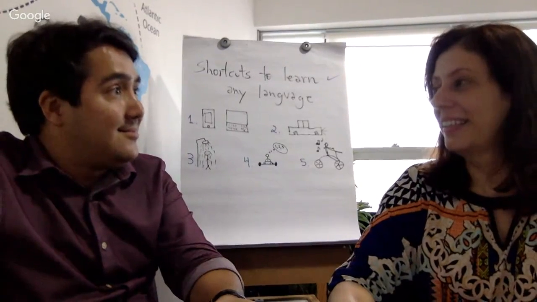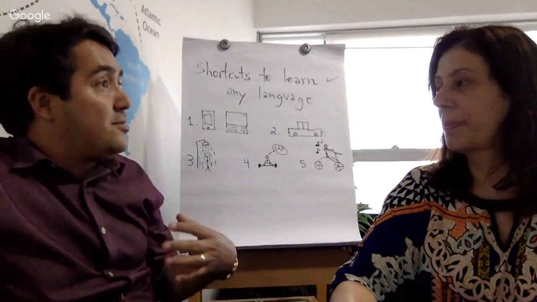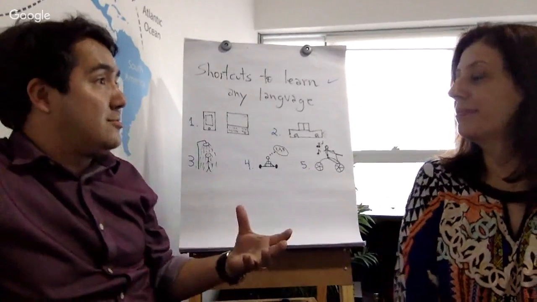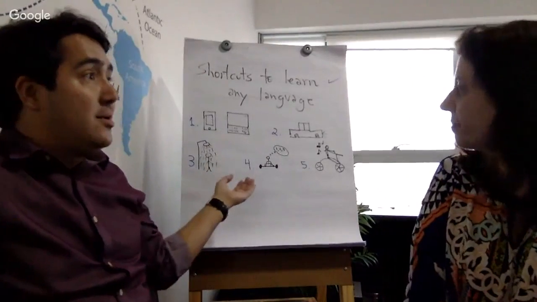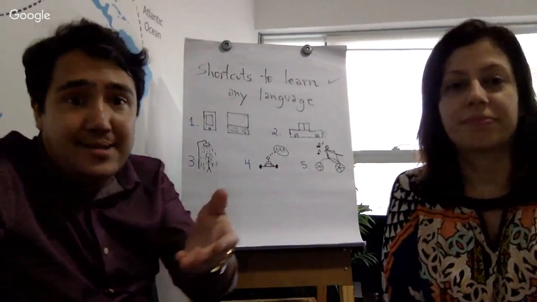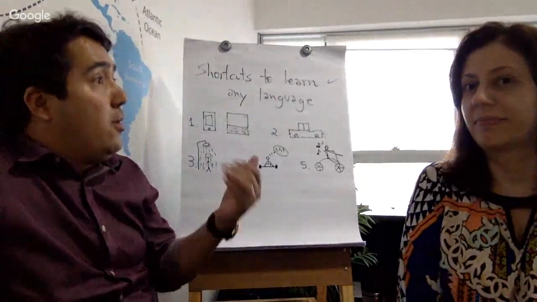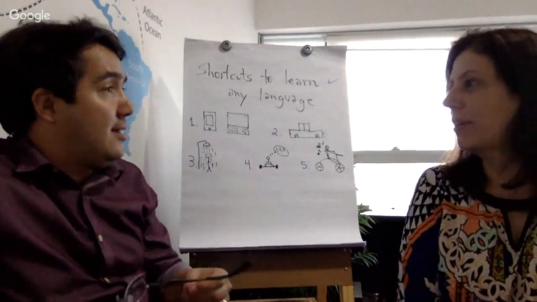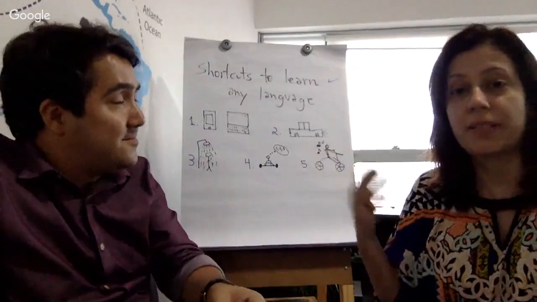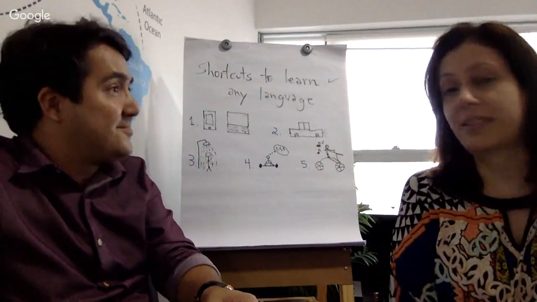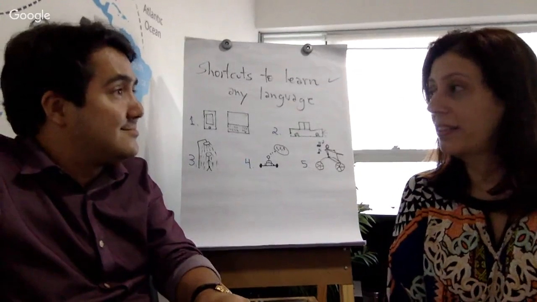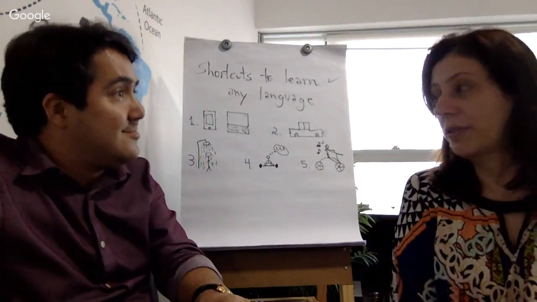And say I want to learn French. Would any of these shortcuts that we're going to introduce to our attendees today work? Yes. Oh, yes. I actually utilized some of these myself when I was learning these languages. They are excellent ideas and tips for a language learner.